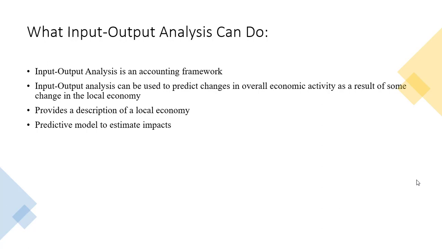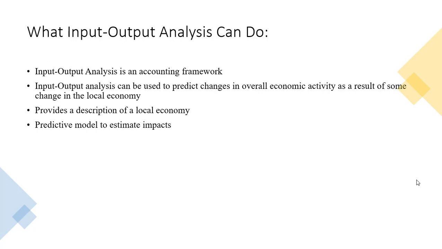So we can also use input-output analysis as a predictive model to estimate impacts. Recently some researchers used, for example, a probability input-output model, which they use specifically when some incident occurs, like the current COVID-19. What is the impact on supply? What is the impact on education? What is the impact on different sectors?